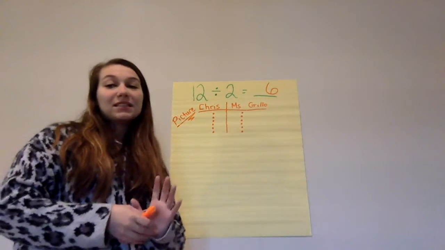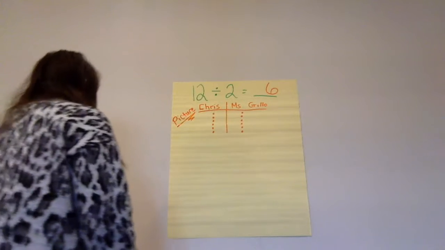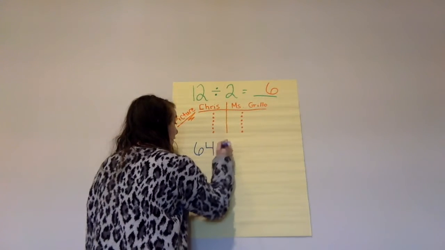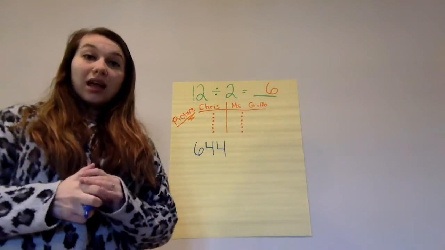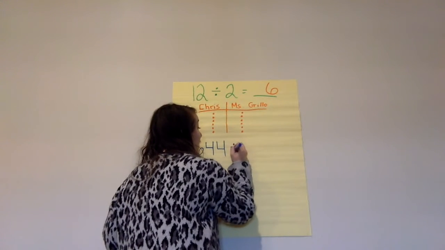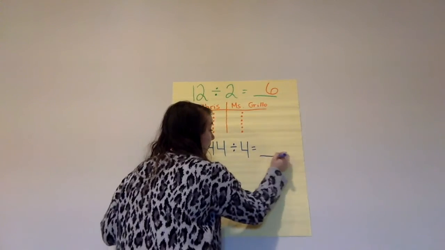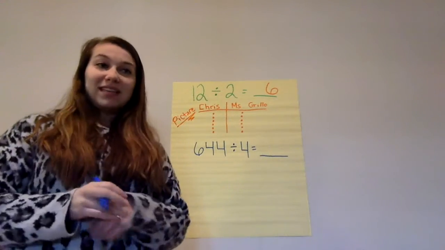What if instead of 12 cookies, I had 644 cookies, and I wanted to divide them between 4 people? So, Chris, myself, my mom, and my dad.